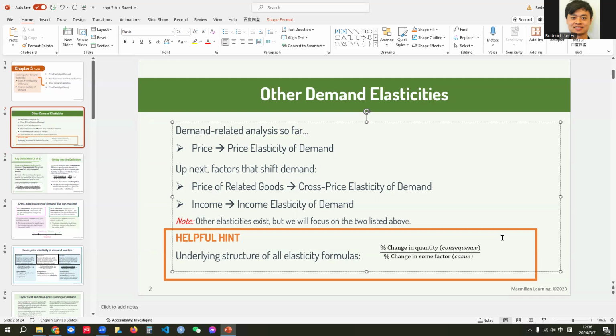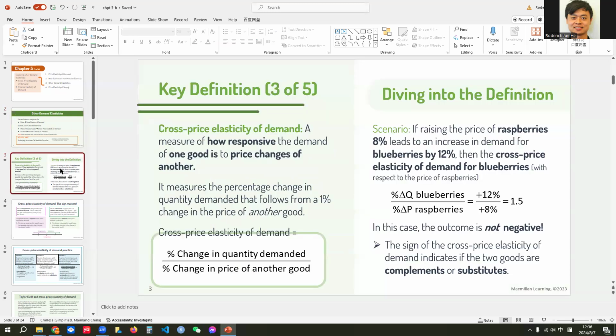Okay, so just to remind you, it is the price change that triggers the quantity consumed to be changed. Therefore, price change is the cause and the quantity change is the consequence. So now let's look at the cross price elasticity of demand, which is the first miscellaneous elasticity to introduce.